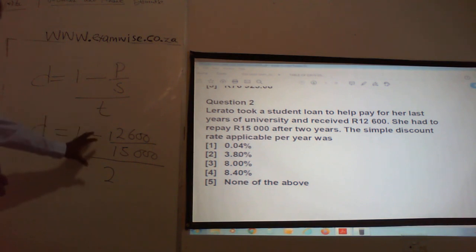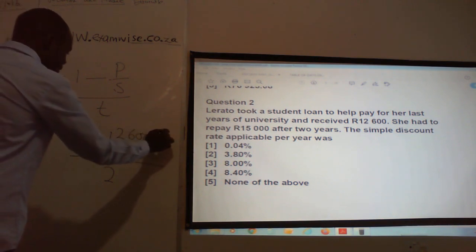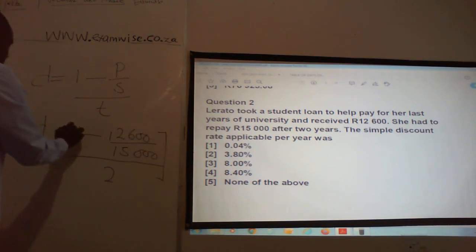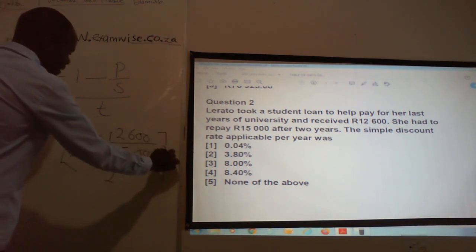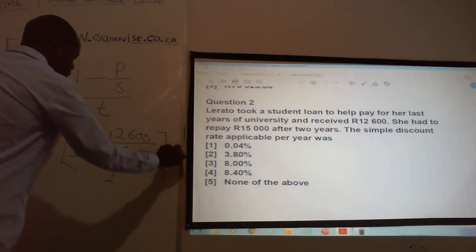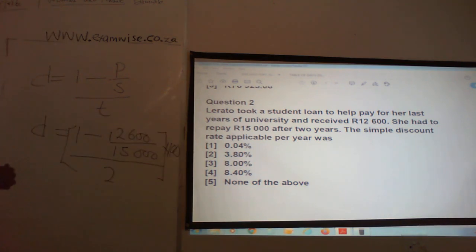So here we will get a decimal, but we need D as a percentage. So we have to multiply by 100. The answer which we get here, we have to multiply by 100 to express it as a percentage. So that is how we do it.